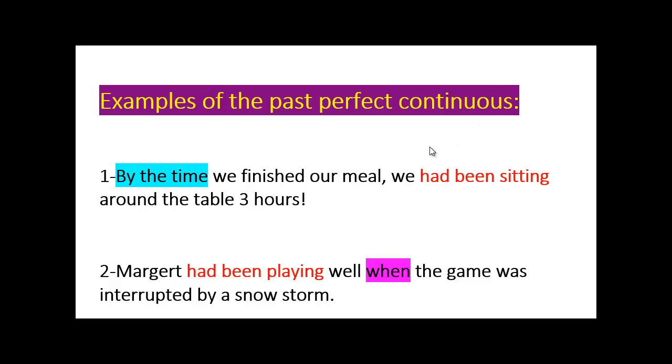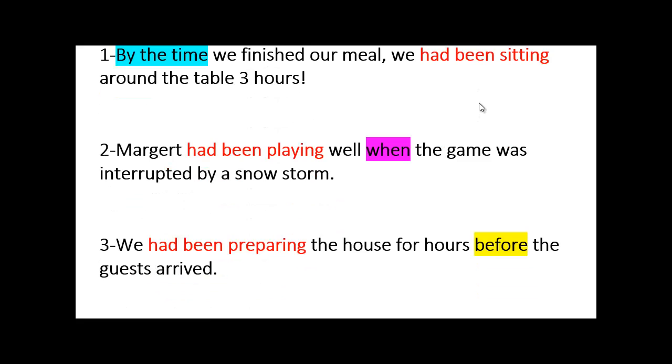Some examples of the past perfect continuous. By the time we finished our meal, we had been sitting around the table 3 hours. Margaret had been playing well when the game was interrupted by a snowstorm. We had been preparing the house for hours before the guests arrived.